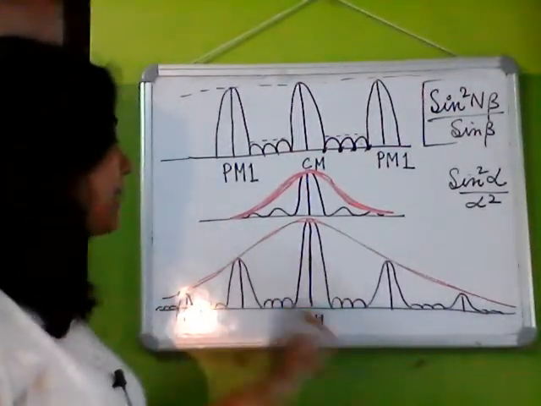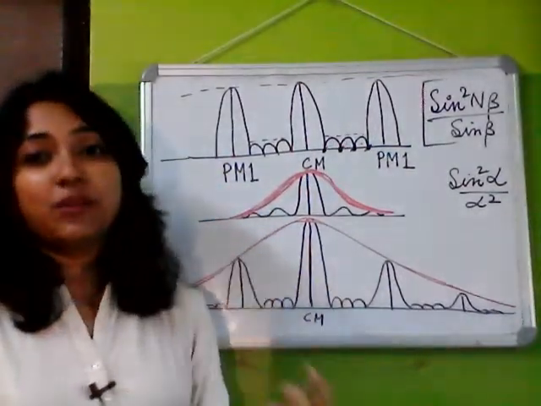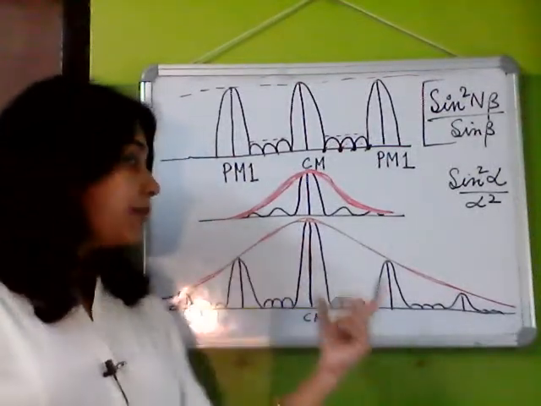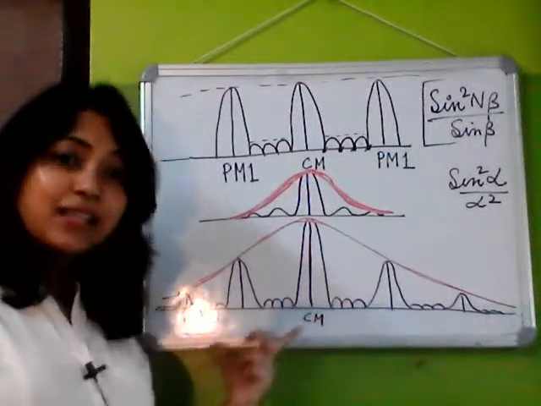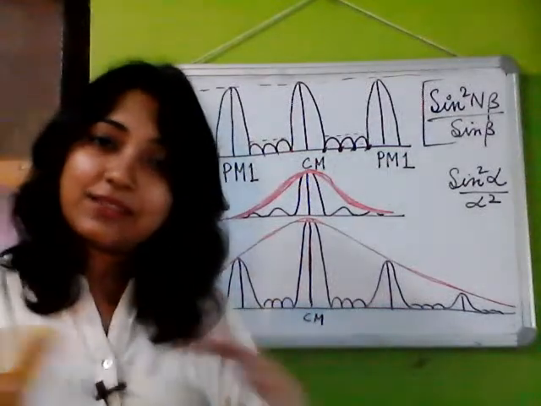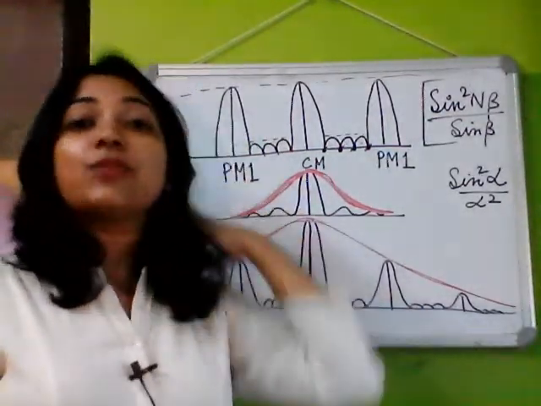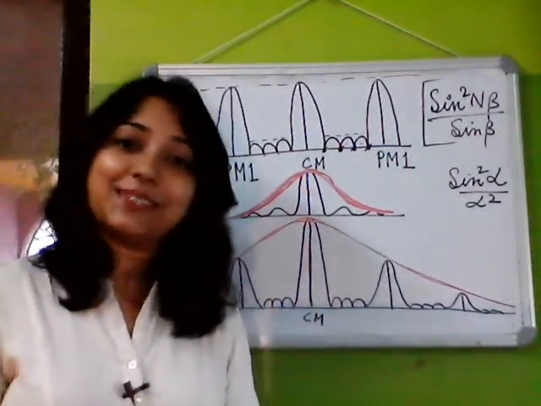Alright, and we will only be seeing the spots which are caused due to the primary maximas only, and the central maxima will be the most intense. The first order primary maxima will be then the next intense. As we are going on increasing our order number of primary maximas, the intensities will be going on decreasing. So this is what is actually the diffraction effect due to n number of slits.